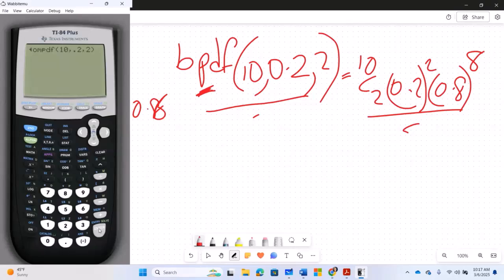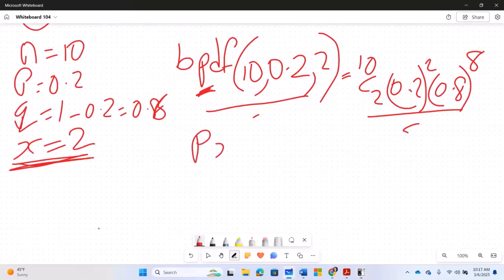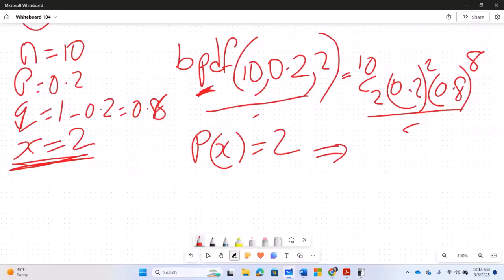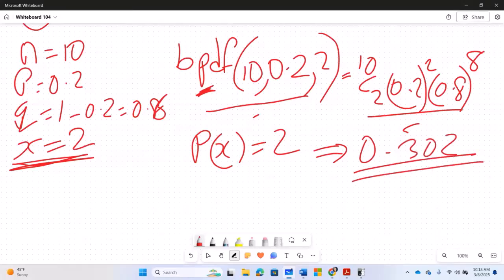So the probability of the random variable equal to 2 is approximately 0.302. So that probability, out of 1,000, is a 302 chance of getting a 2.